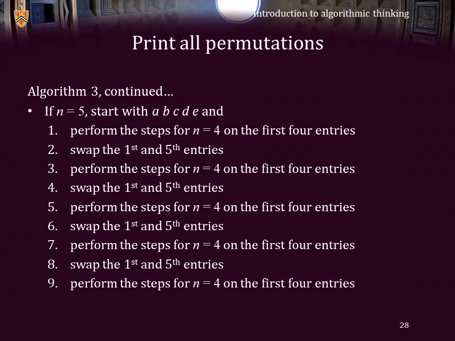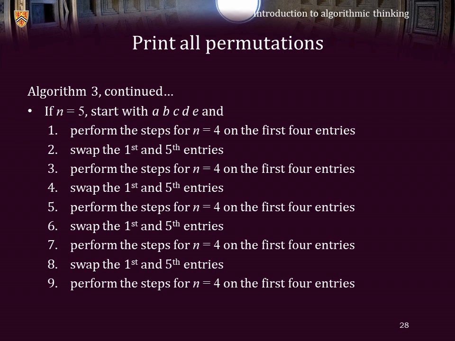If n equals 5, we're going to start with A, B, C, D, and E. We're going to perform the previous algorithm on n equals 4 objects, producing 24 permutations, where E is the last entry, and then we will swap the first and fifth entries.